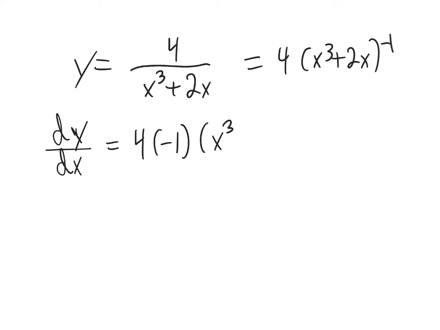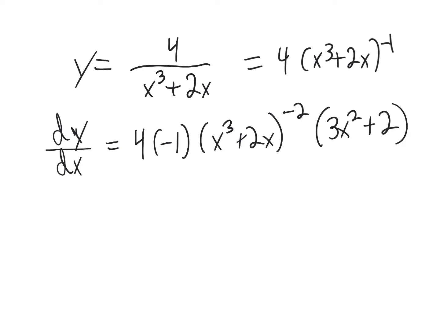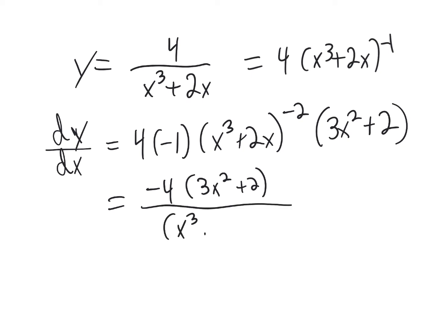Rewrite the inside. Subtract 1 from the exponent. Derive the inside. Now we can simplify, so we get negative 4, 3x squared plus 2 over x cubed plus 2x squared.